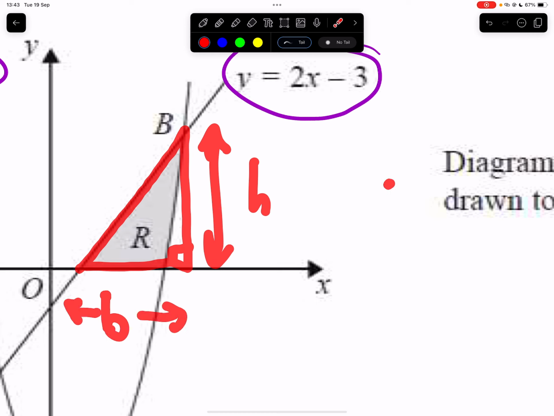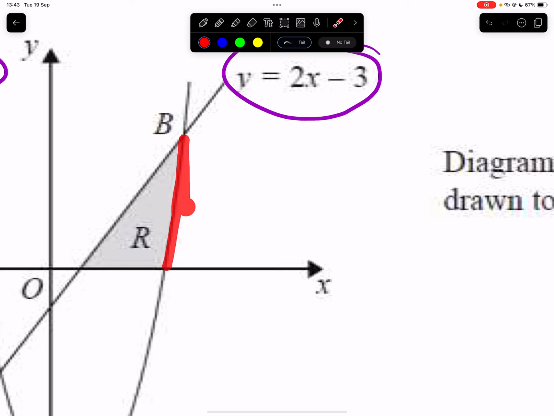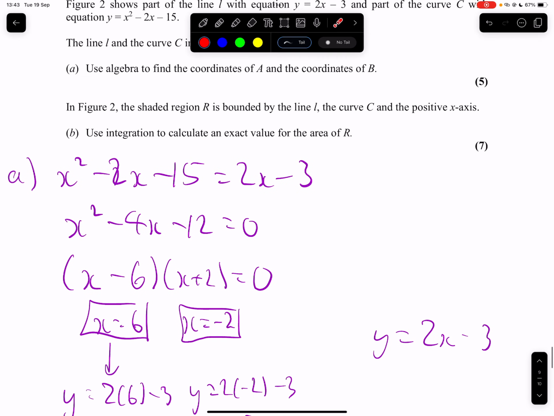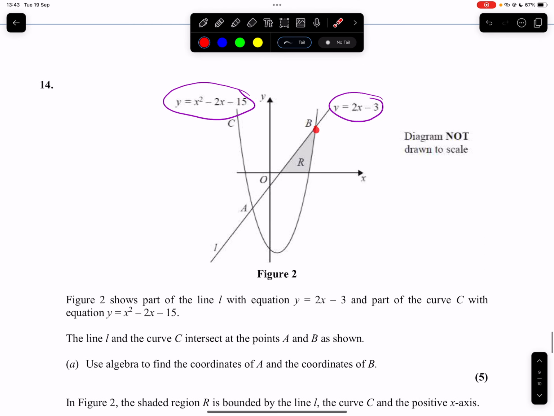But there is a small slither here that we need to subtract. To do that, we do integration of the area under the curve between this point here, which we've worked out to be 6, I believe, I'll check that in a second, and this coordinate B. Was it? Sorry, it was B that's at 6. We need to find out what that one is.